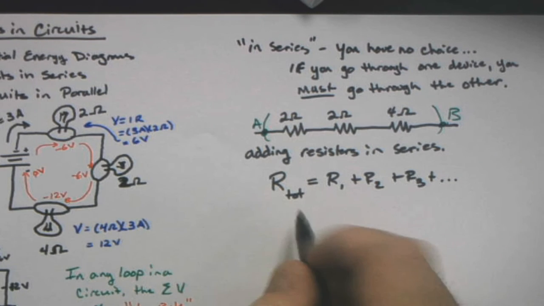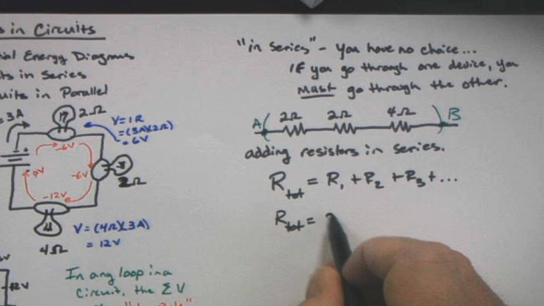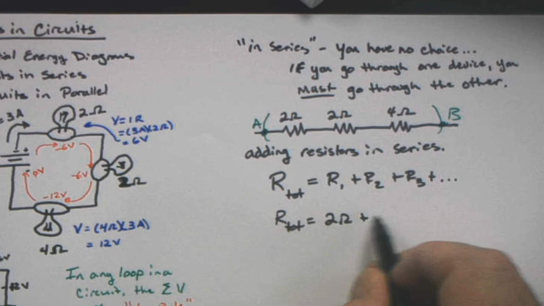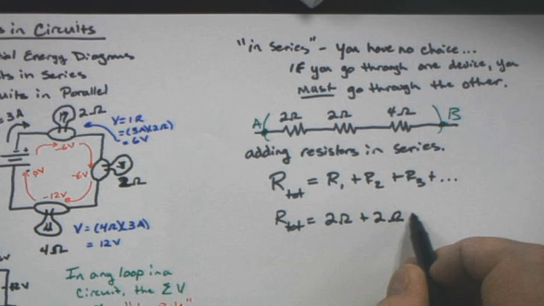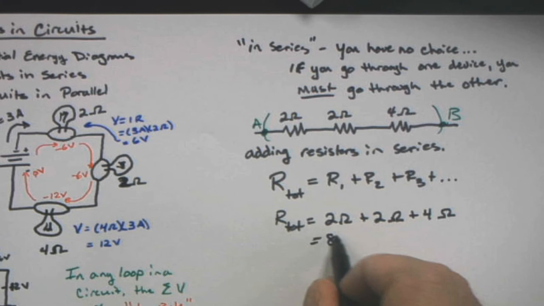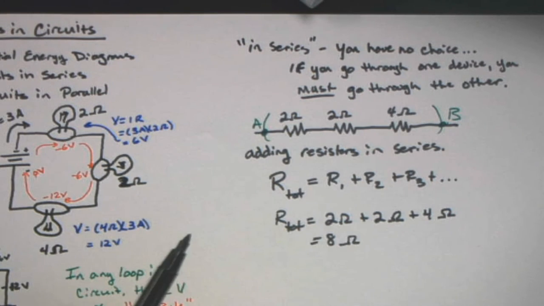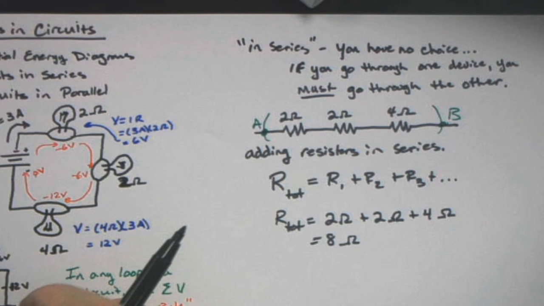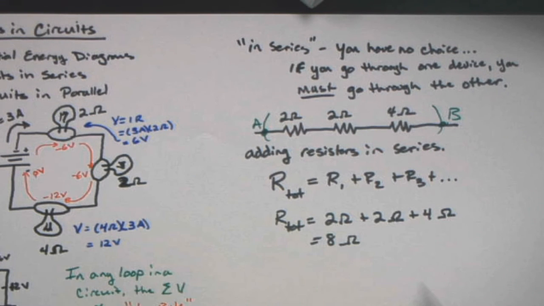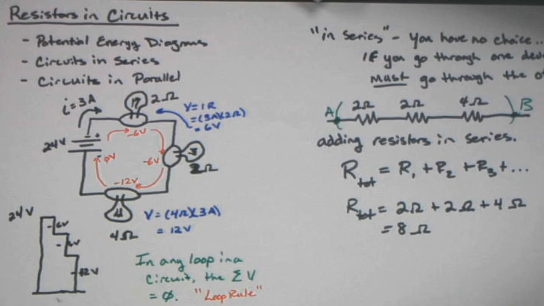In this case, it would be 2 ohms plus 2 ohms plus 4 ohms, which would equal 8 ohms. Ta-da! That's it for resistors in series. Really straightforward, and we can check that: 2 plus 2 plus 4 is 8.